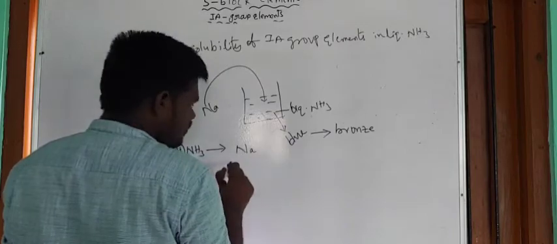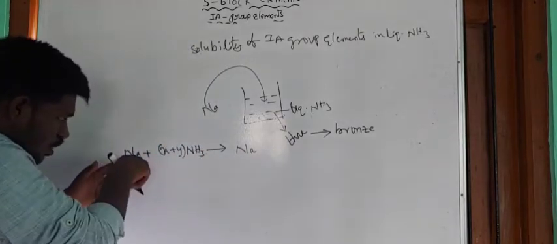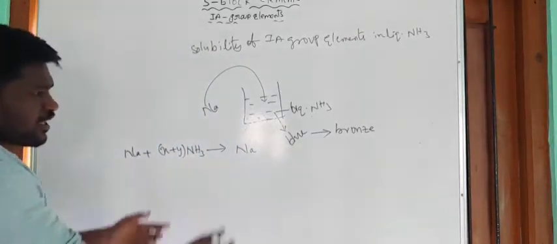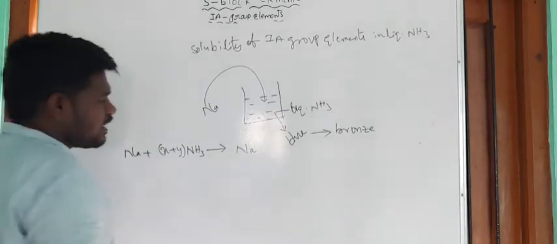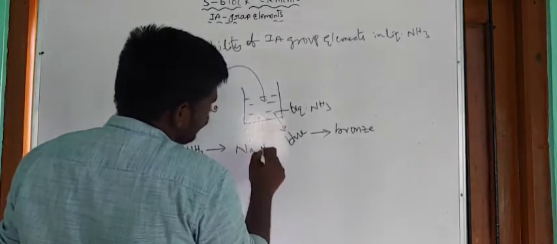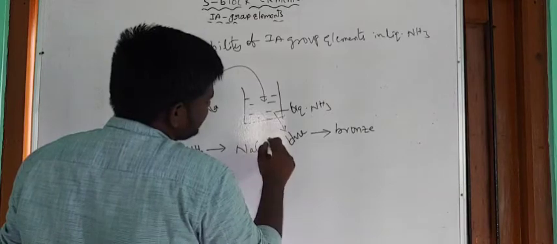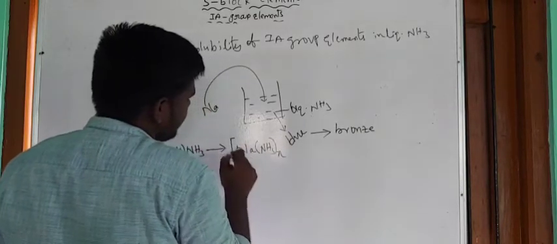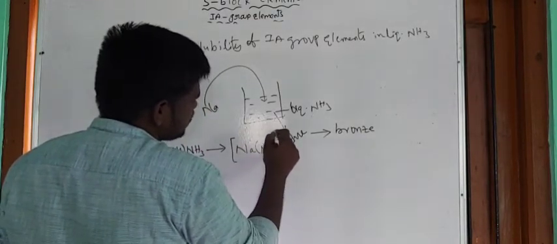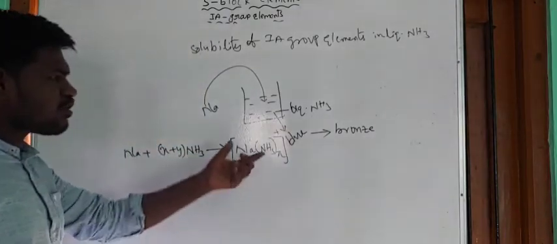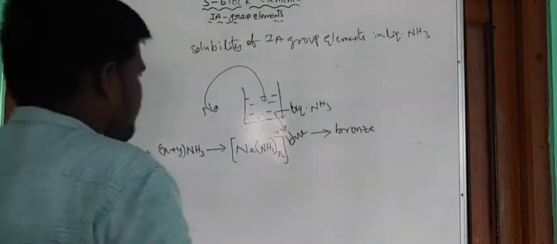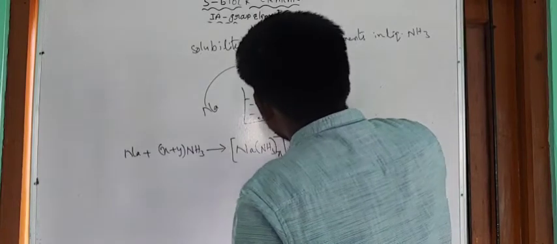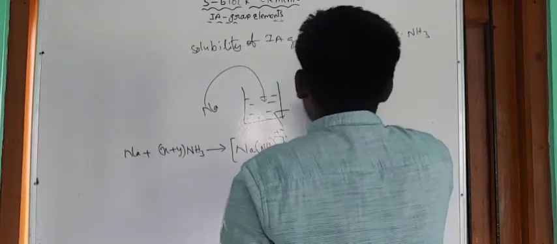So after adding sodium to ammonia, with x plus y moles of ammonia, you get a complex. First, an electron is lost by the sodium, giving Na+. That Na+ is coordinated by x moles of ammonia. So the complex has a positive charge, because the electron is lost by sodium; sodium is in the +1 oxidation state.